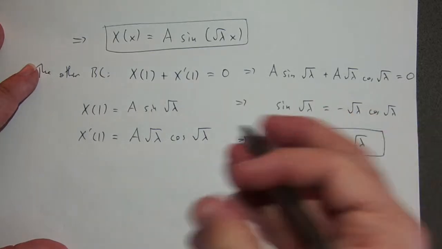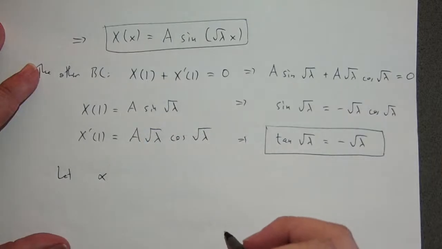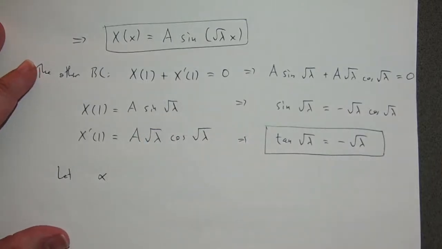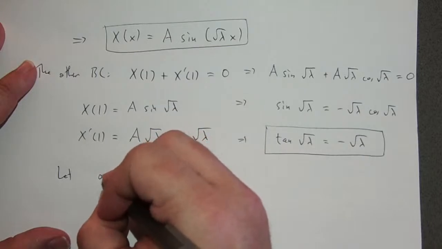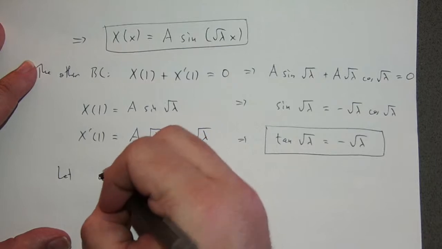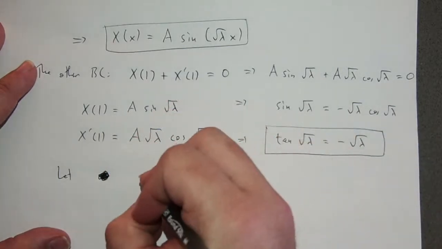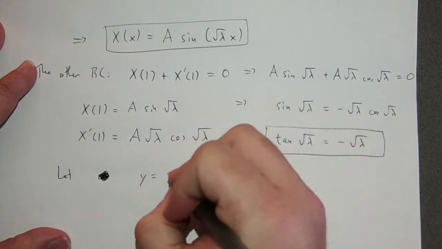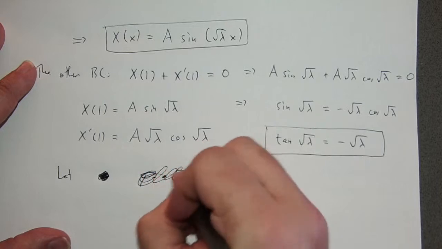But let's let alpha be equal to square root lambda. Or since we used alpha in our heat equation, we'll just say let y be equal to, not minus square root lambda, we'll say square root lambda.